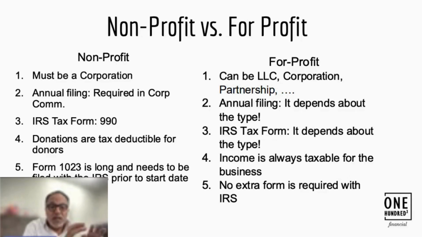Normally the cost just to file it with the IRS, not the cost if you hire someone to do it, is $600. You have to fill out the whole form, pay $600, and wait about 6 months to get the approval. If you do it correctly, I rarely see any rejection from the IRS for nonprofits. Versus the for-profit, there's no extra form to do.